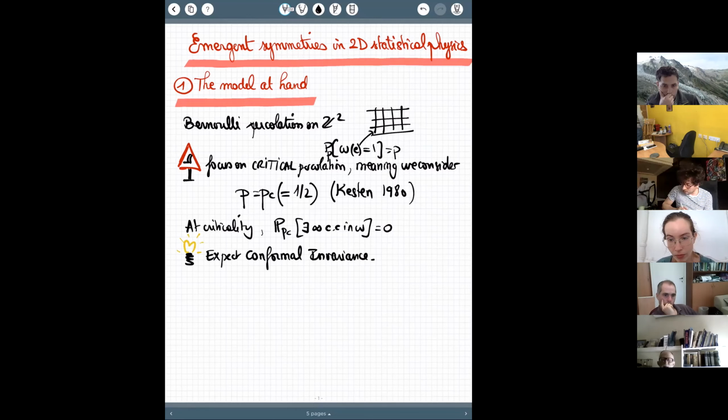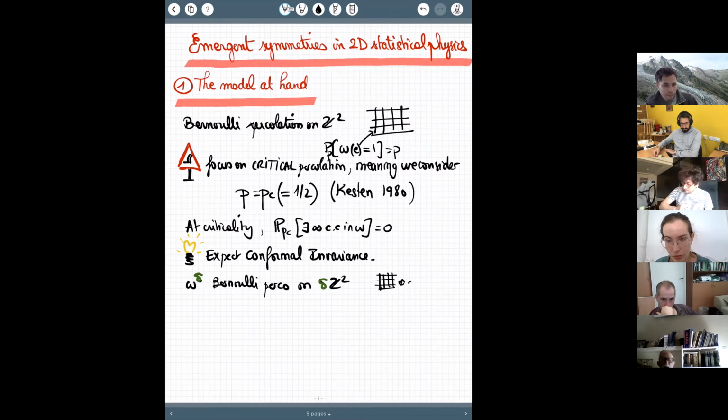We are going to look at omega delta, which is going to be Bernoulli percolation on delta Z2. So there is a new parameter, delta, which is going to be the mesh size of my graph. And I'm going to look at percolation on this graph.